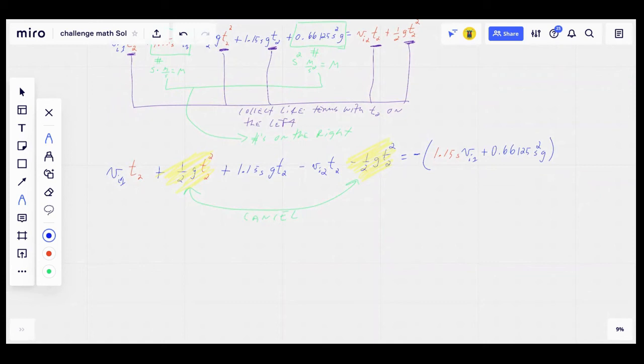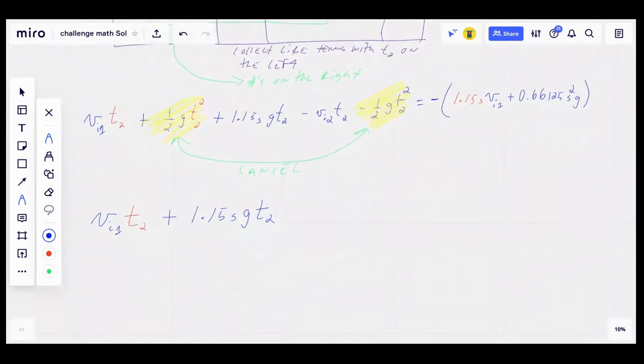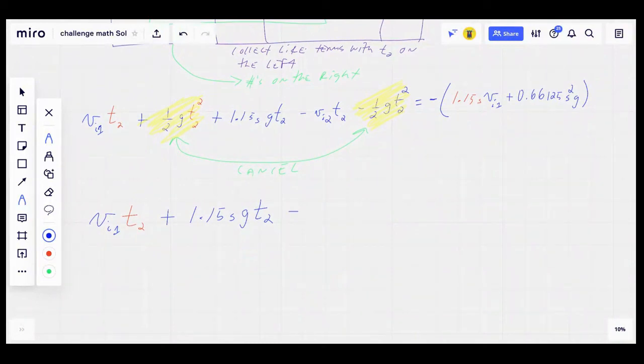So with those gone, my equation now becomes V initial 1 times T2 plus 1.15 seconds gravity times T2 minus V initial 2 times T2 equals negative parentheses 1.15 seconds V initial 1 plus 0.66125 seconds squared times gravity.